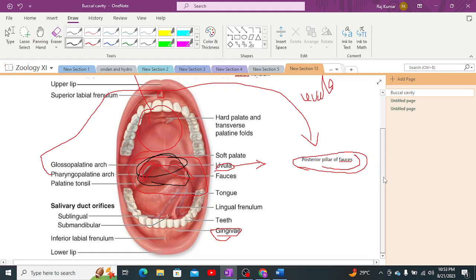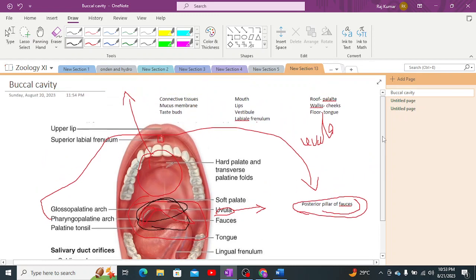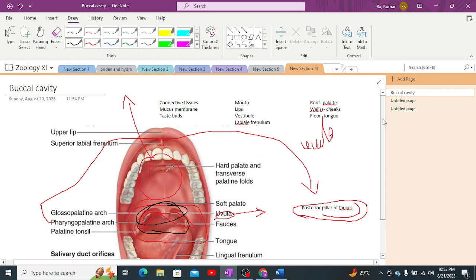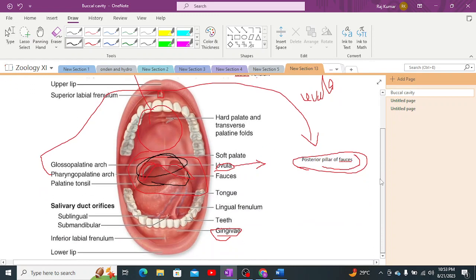I guess that's all according to our book. Moreover, these are also supported with blood supply and nerves. What kind of nerves are present here?